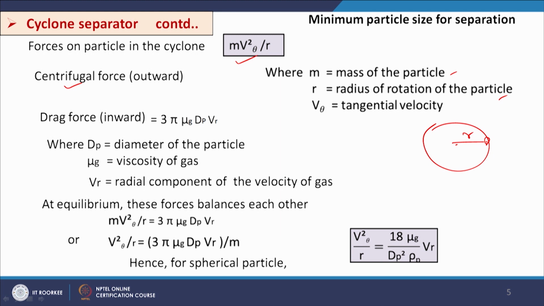This particle may be at the outer edge, or it may be at any place in between. So, the r value will change, and the drag force will be 3 pi mu g dp V r, where V r is the radial component of the velocity of the gas. So, the velocity in this direction is called V r, mu g is the viscosity of the gas and dp is the diameter of the particle.